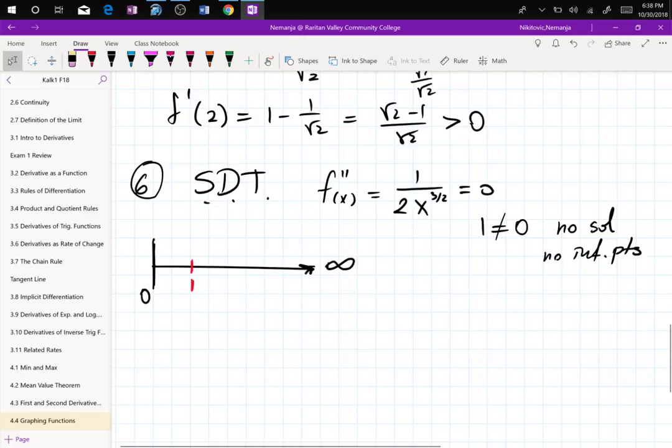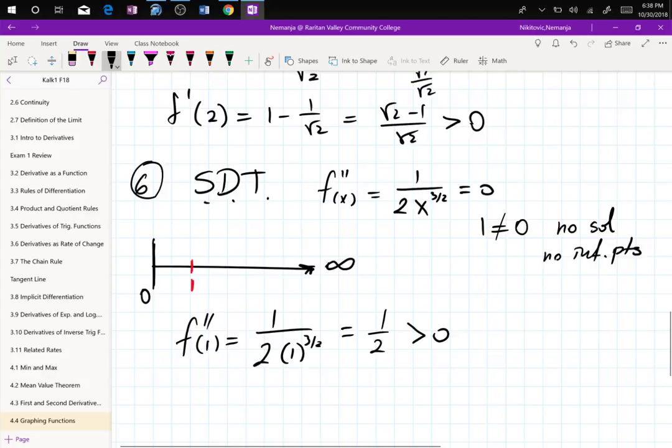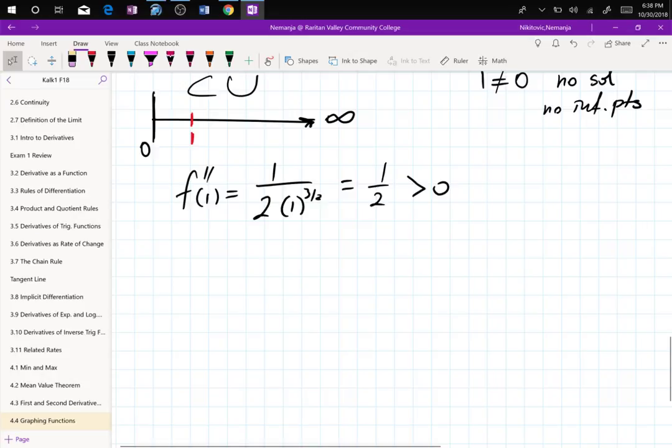I have my second derivative computed at 1, which is 1 over 2 times 1 to the 3 halves. 1 to the 3 halves is just 1. So 1 half is larger than 0, so the entire thing is concave up. Concave up for the entire function. Nice. I'm not going to compute any additional points because I don't think I need them. I'm just going to draw the function, see what this looks like.